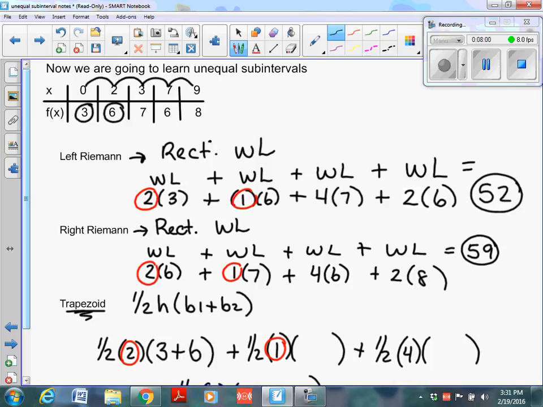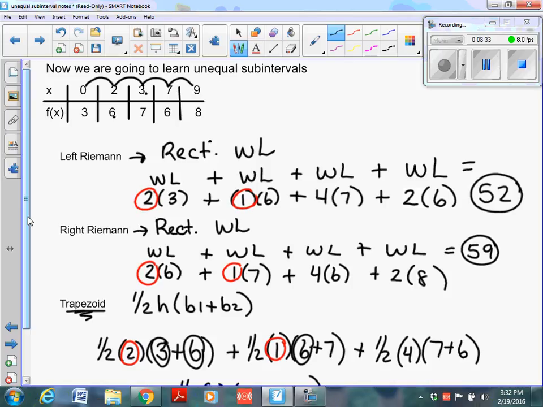Okay, the next one, if you want to take between 2 and 3, you have to take base 6 and base 7. Okay, and then the students figured out something that, as you can see, the 3 only gets used once, and guess what? The 6 gets used on this trapezoid and 6 on this trapezoid, and that's why you have to double it. And then we can continue this. If the 6 and the 7 gets used on that one, the third interval, the 7 and the 6 gets used.